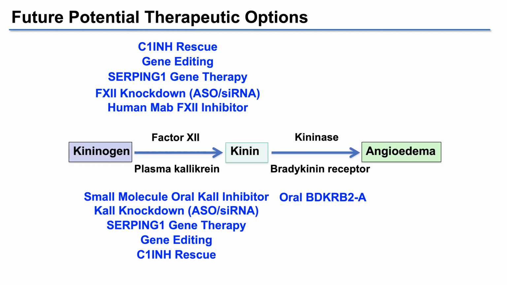In Europe, they think it's very, very rare. In the United States, we're deluged with patients who say, well, I think I have type 3 HAE. And the problem is how many of them are real and how many of them are not.